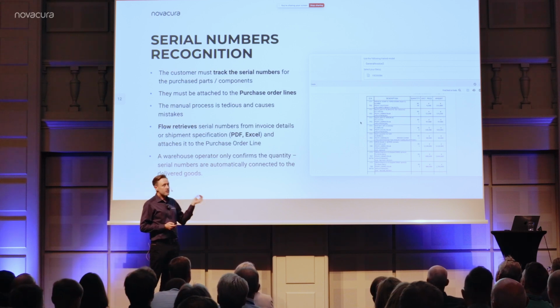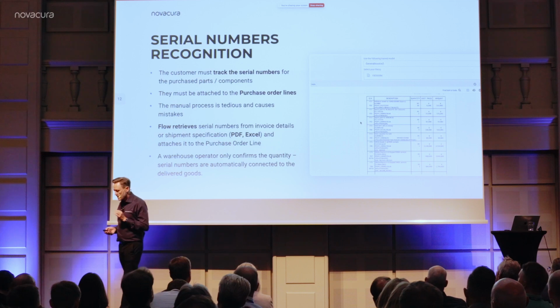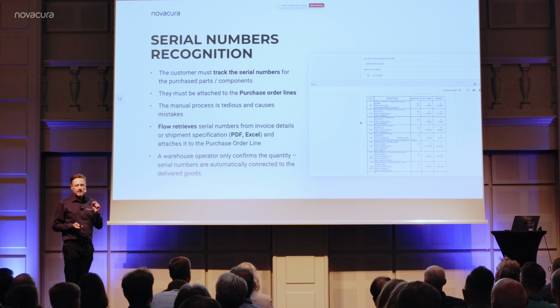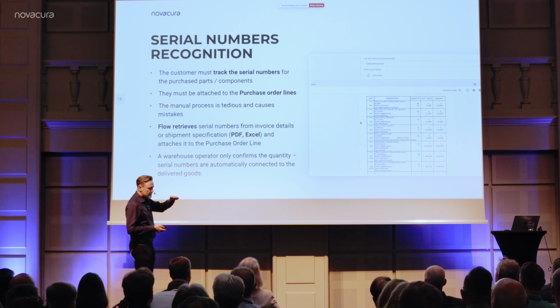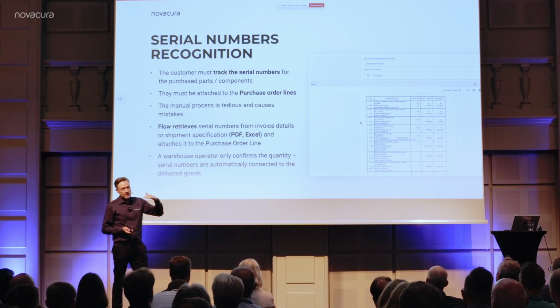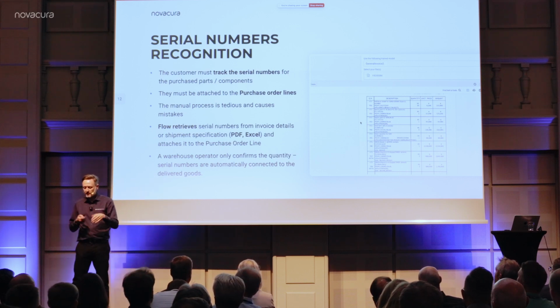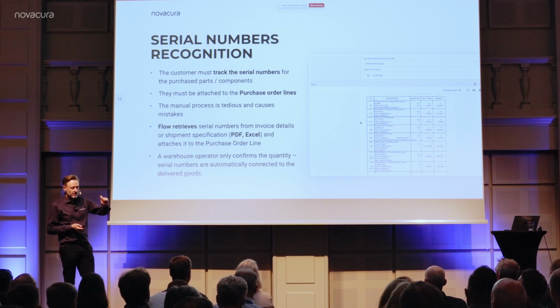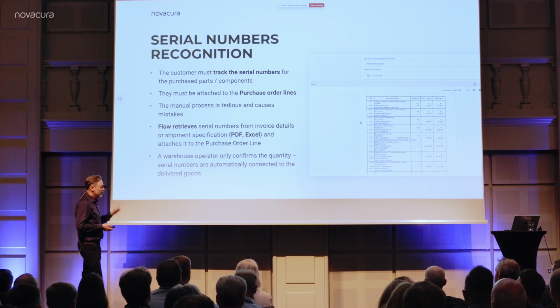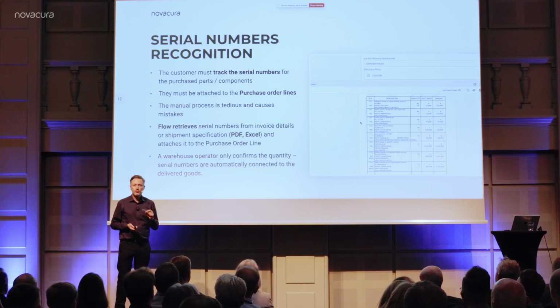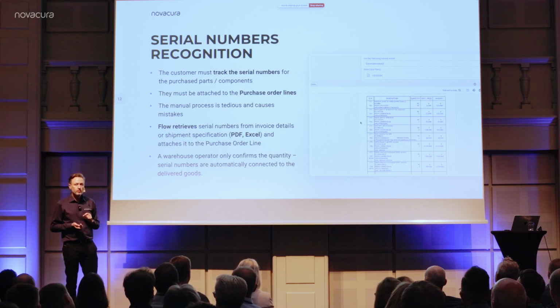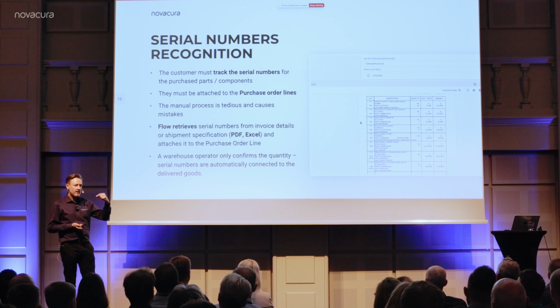And the solution retrieves these details from these documents and connects them to the purchase order lines, because you need to find the dedicated purchase order line that is dedicated to order particular items, particular components, and then in connection to that, the solution retrieves information from the document and attaches serial numbers to this purchase order line.